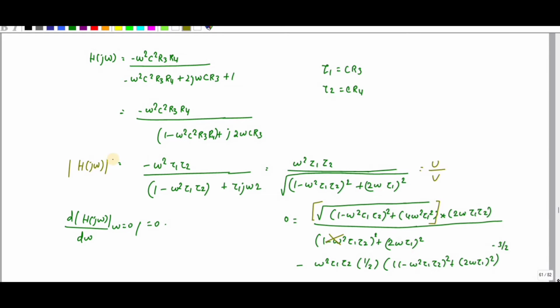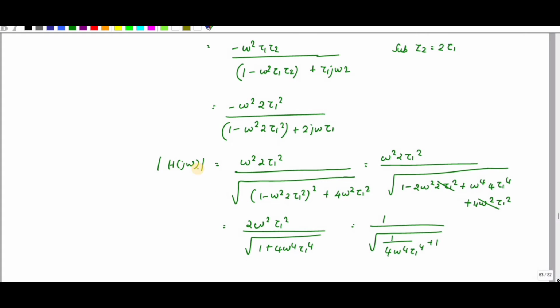Now from this entire term, what I'm going to do is, instead of tau 2, I'm going to substitute 2 tau 1. You substitute this value and you will get this term, and if I take the magnitude, I will get this one. I'm going to take a minus b the whole square.